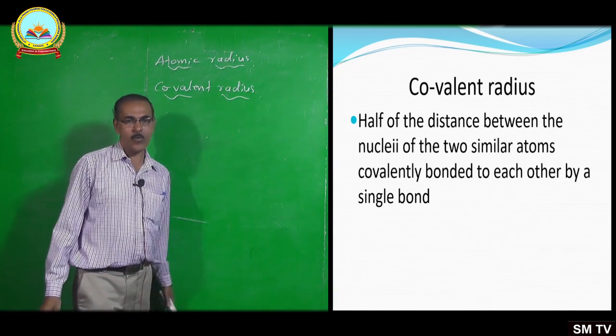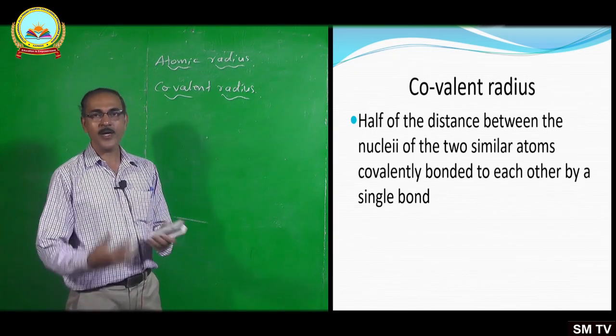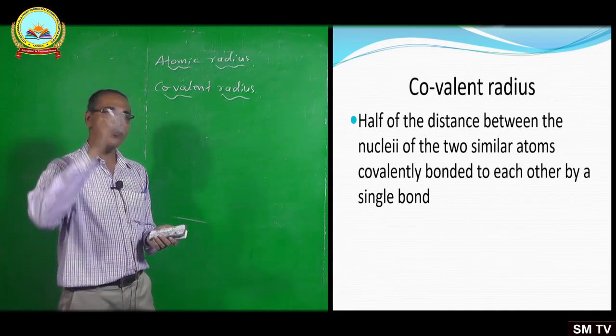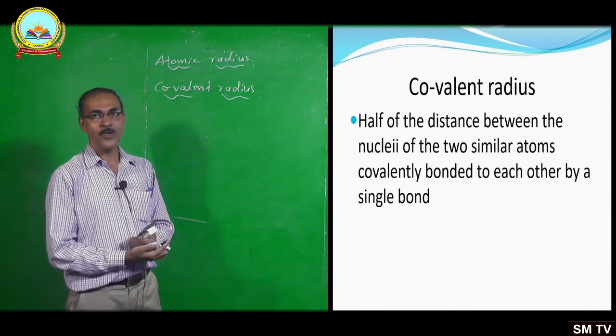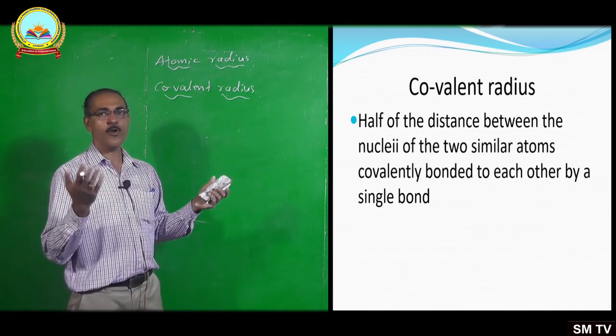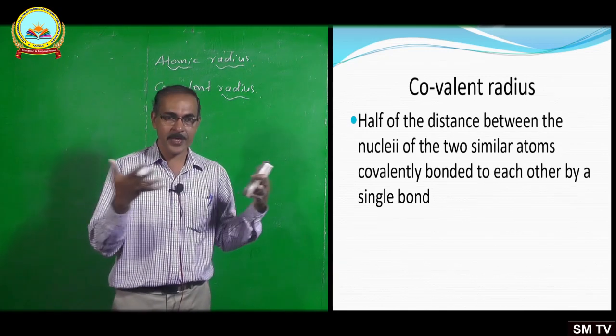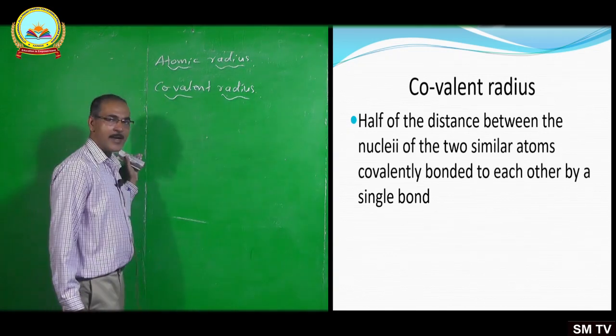What is covalent radius? To understand the covalent radius, we have to go to the covalent bond. You know that a covalent bond is formed by the sharing of one or more electron pairs between two atoms.